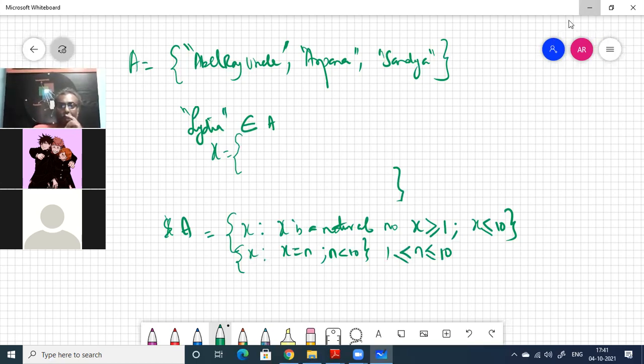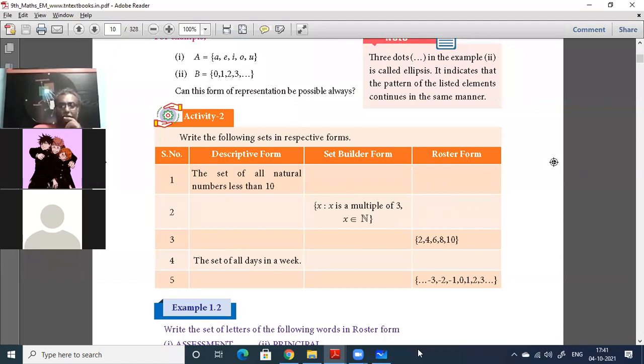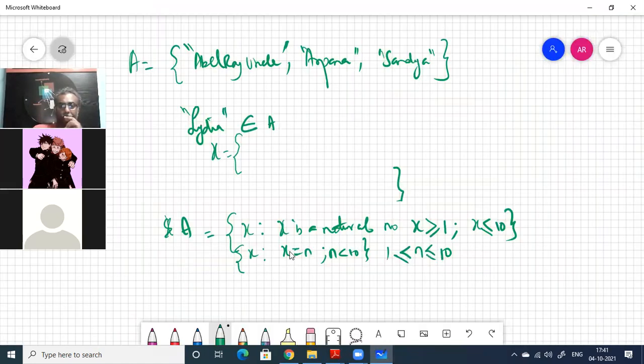Okay. Roster form, what will you write? Sandhya, can you write in roster form? Yes, uncle. I'll give you, you write in roster form here. Correct.